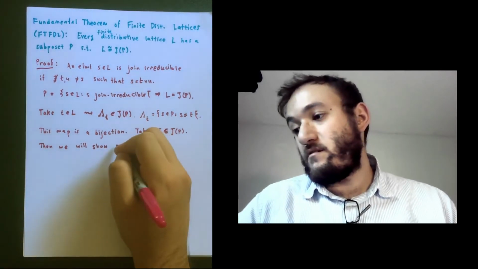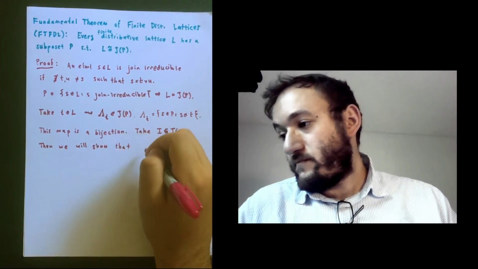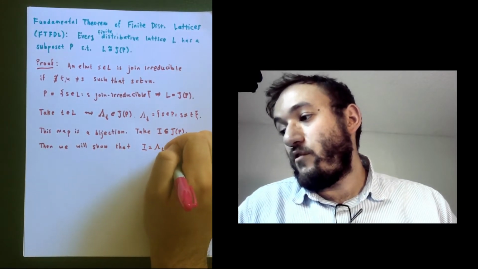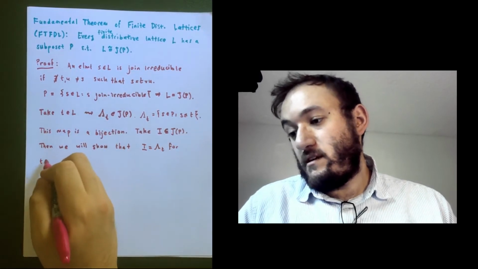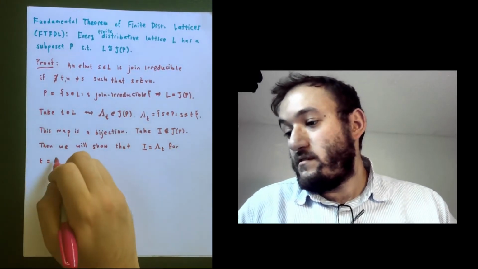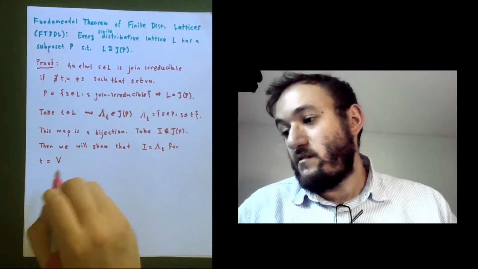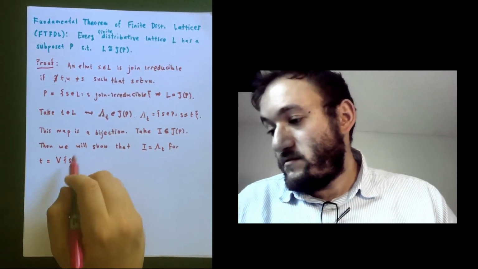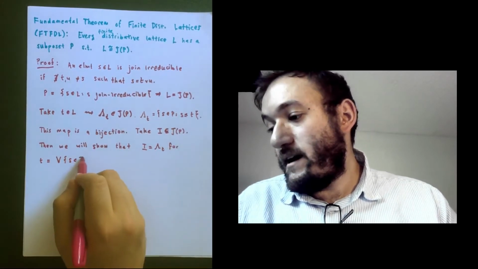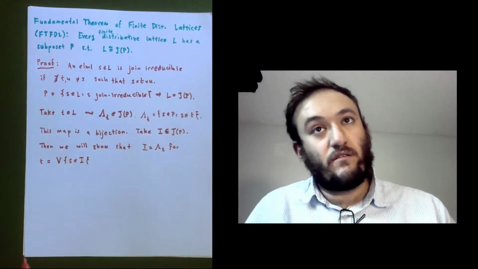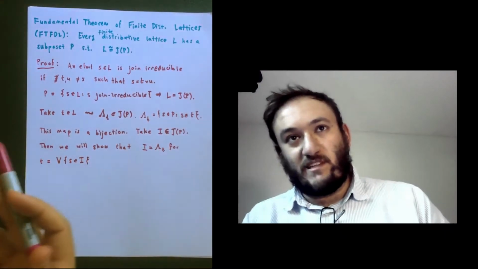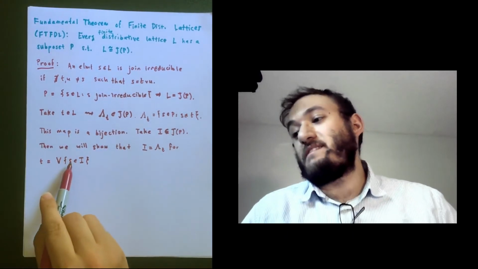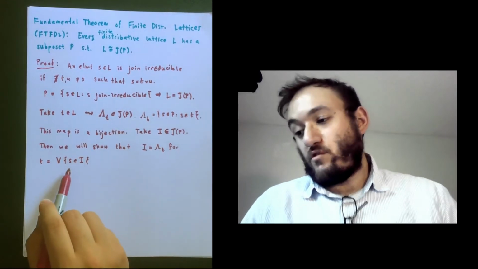Okay, we're going to show that I equals lambda T for T equal to the join of all of the elements S in I, where you have to take the join in terms of the lattice. Posets don't have a join operation, but taking the join in the lattice of all of the elements S that are in that order ideal.